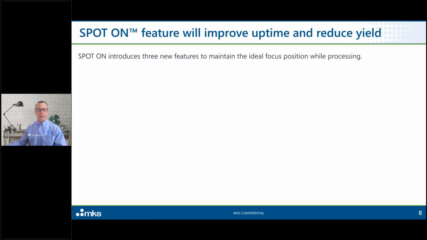All right, with that, I want to jump into Spot On and talk about some of its unique features and how they will benefit your operations. There's really three new features that are introduced with Spot On, and we group those features within two complementary subsystems. The first one being beam quality.